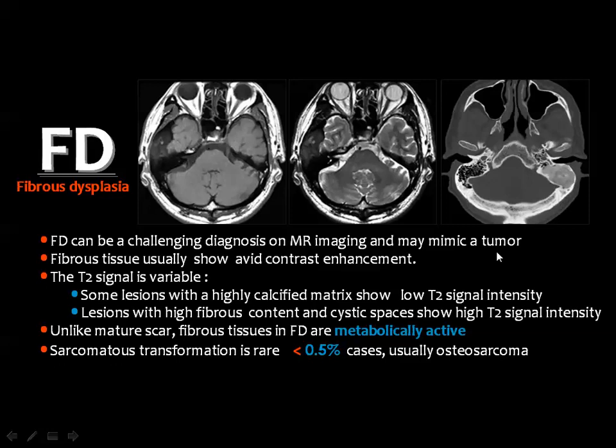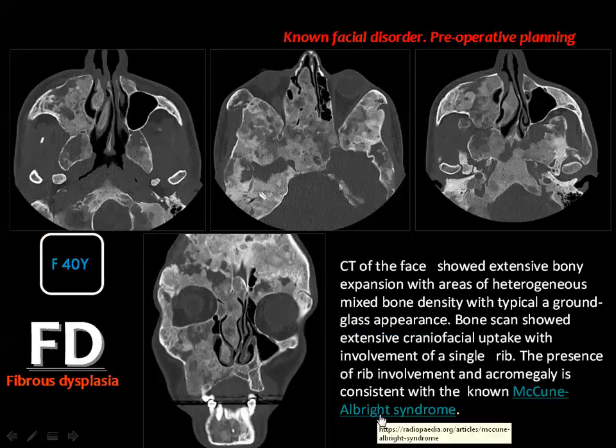But in another patient with posterior skull base fibrous dysplasia, you can easily see the two major diagnostic criteria: expansion and ground glass appearance. And this is a classic case of fibrous dysplasia.